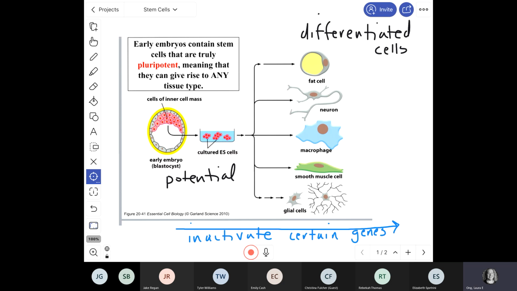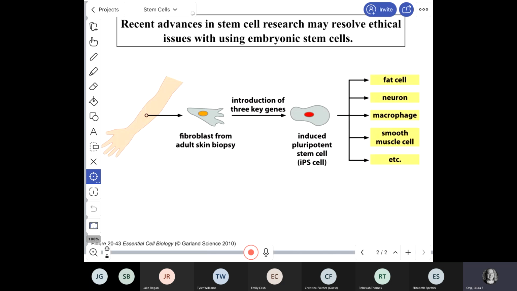So the more that scientists have learned about how stem cells develop and differentiate into the functional cells, that has provided a lot of knowledge about how you can reverse the developmental process. And that's what this slide is about.